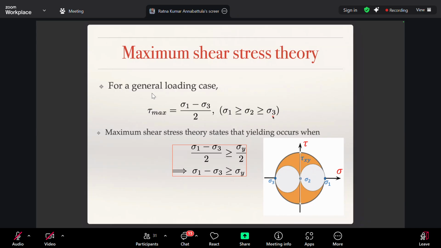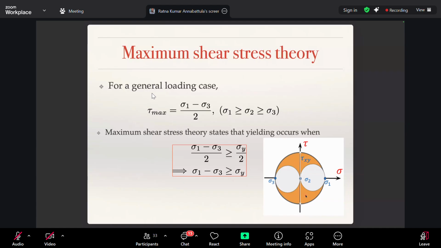So you identify these points, then draw circles between sigma 1 and sigma 2, sigma 2 and sigma 3, and sigma 1 and sigma 3. The area outside these two small circles and inside this large circle is the area in which you will have a valid state of stress, right?